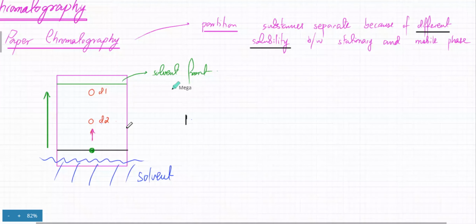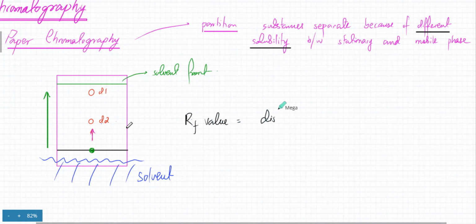It's called the retention factor. It is the distance the dye travels divided by the distance the solvent travels. It's always less than 1.